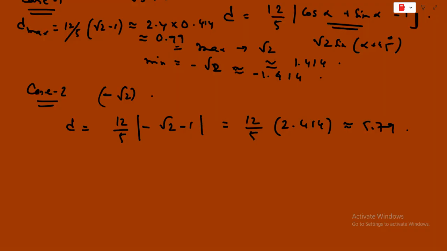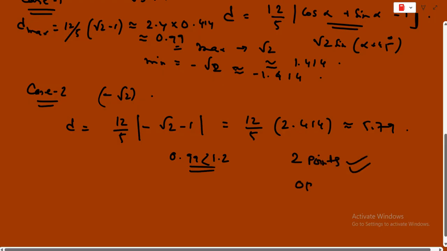Okay, since 5.79 is way bigger than 1.2, the ghost line must cut through the ellipse on this side. And since the ghost line on the origin side is inside the maximum reach of the ellipse, it must intersect the ellipse at exactly 2 points. On the other side, the ghost line is outside the ellipse's reach, since 0.99 is less than 1.2, so there are 0 points there. So the final answer will be 2 points. That is our option B.